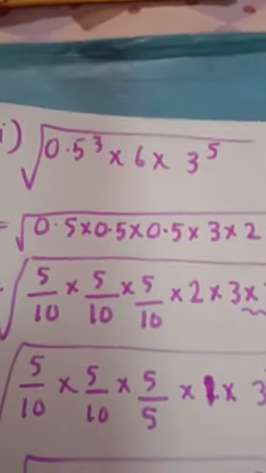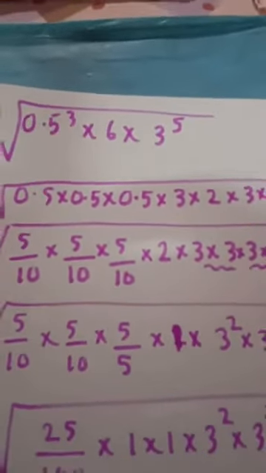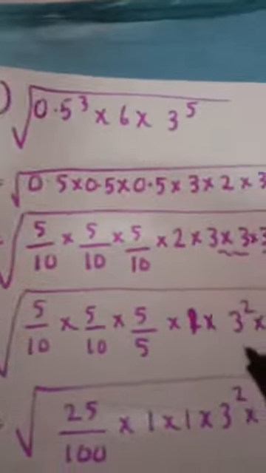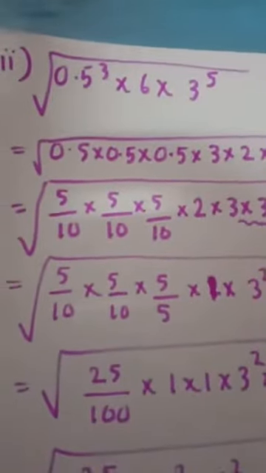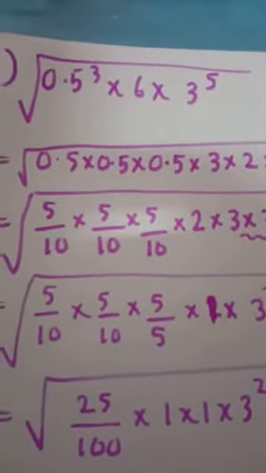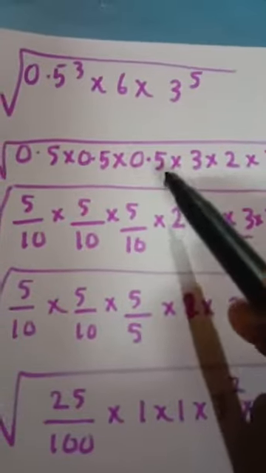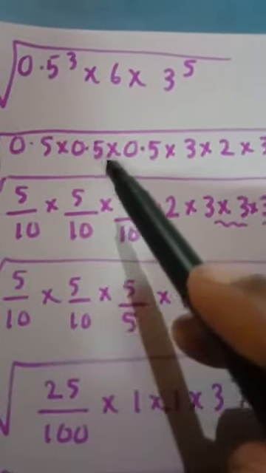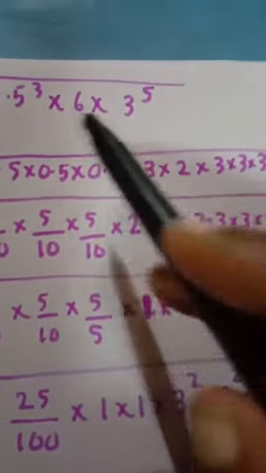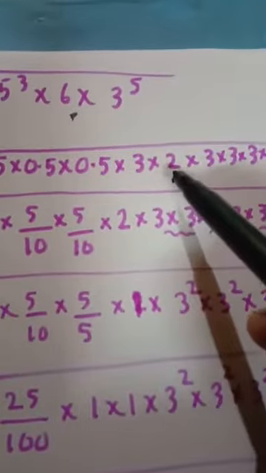Question number 7, second sub question. 0.5 cube into 6 into 3 raised to 5. Okay, how to do this? See, 0.5 cube means 3 times 0.5 into 0.5 into 0.5. 6 can be written as 3 into 2.